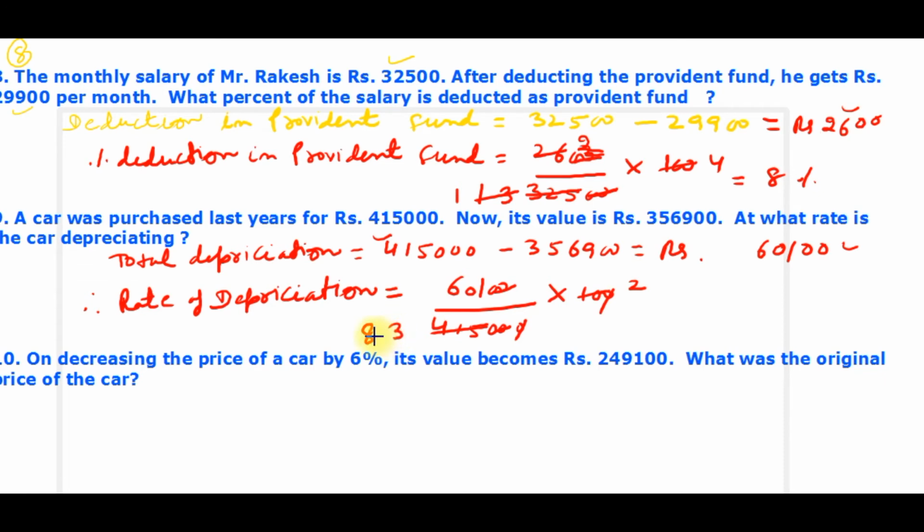Now this would go 4150 minus 3569. This would come 58100 students.